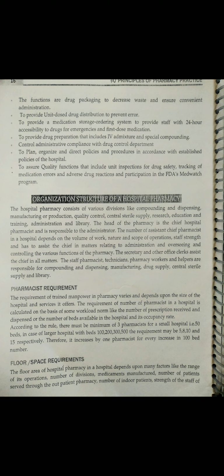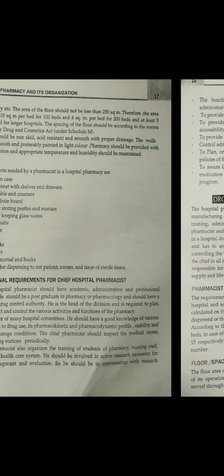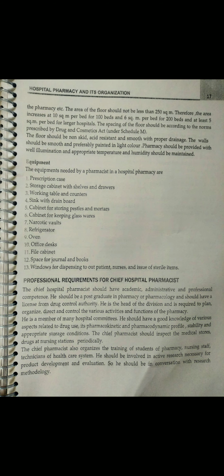So it depends on the operation, the number of divisions, the medicament manufacturing, the number of patients, the size of the indoor patient population, staff strength, etc. Now the area should be not less than 250 square meters. It means the hospital pharmacy floor should be 250 square meters.